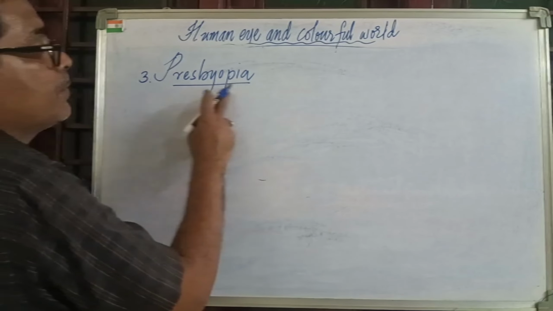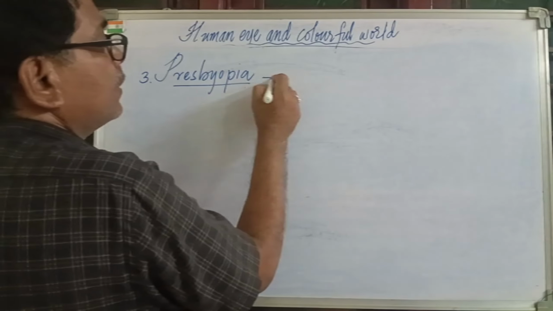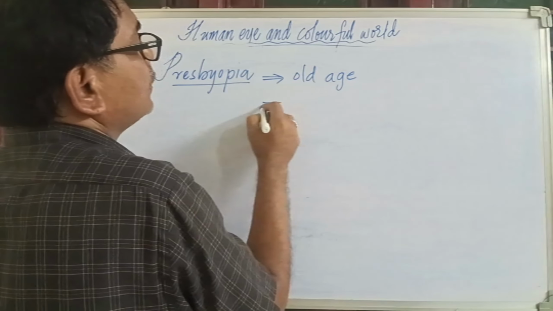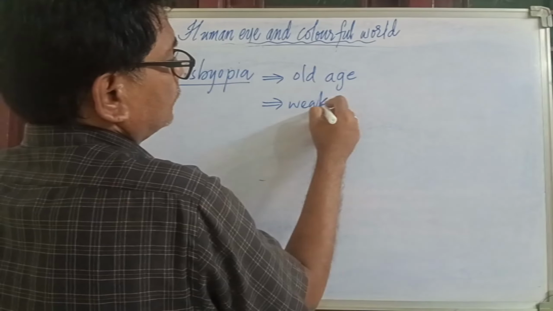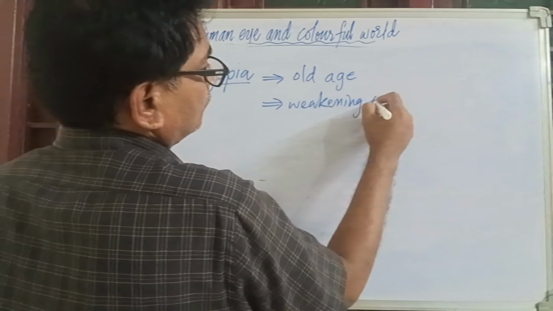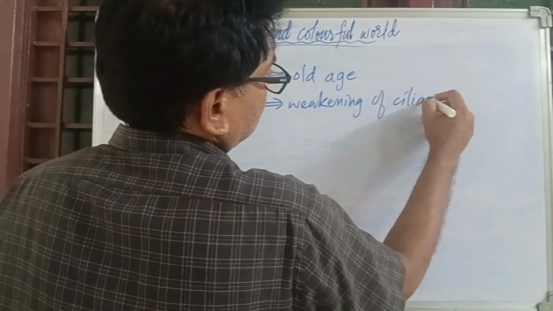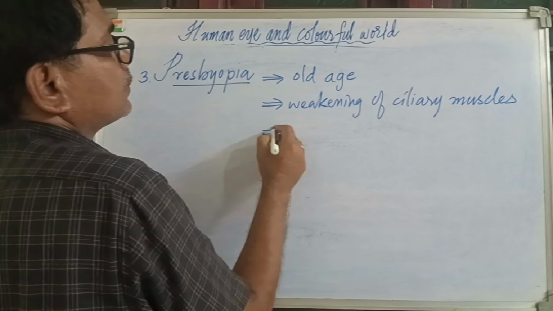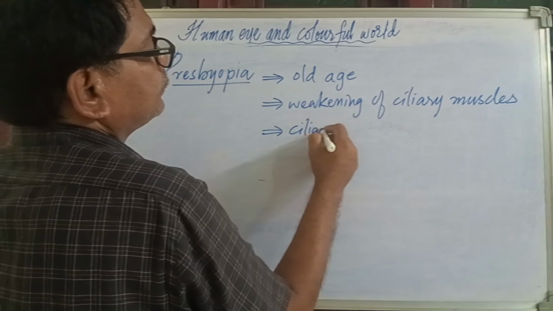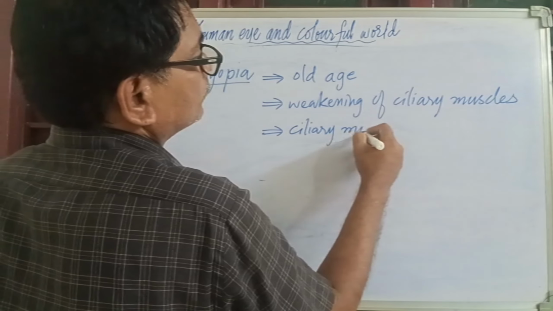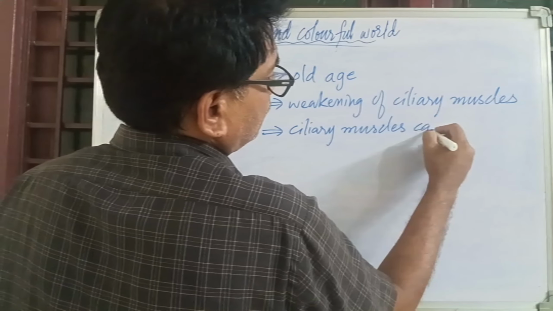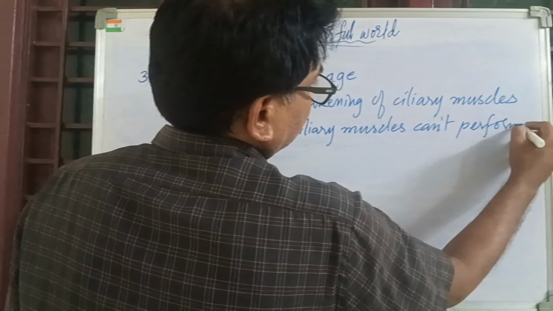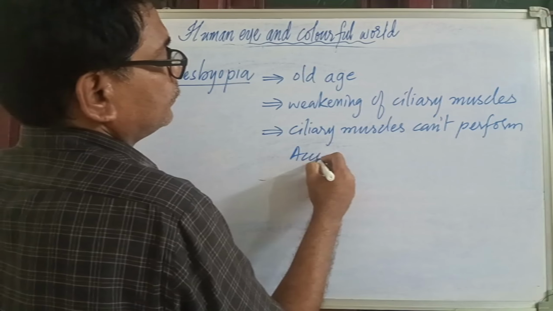The next defect is presbyopia. This is seen at old age due to weakening of the ciliary muscles. Ciliary muscles can't perform accommodation.